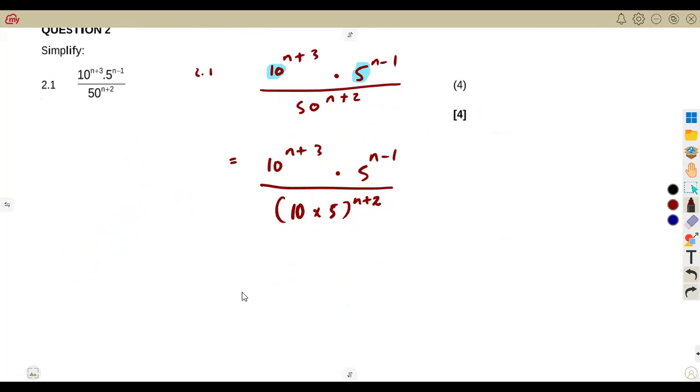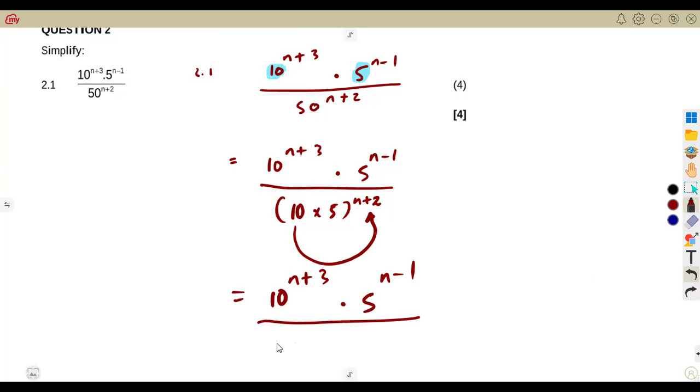So you're going to have 10 to the exponent of n plus 3 times 5 to the exponent of n minus 1 over 10 to the exponent of n plus 2 times 5 to the exponent of n plus 2.